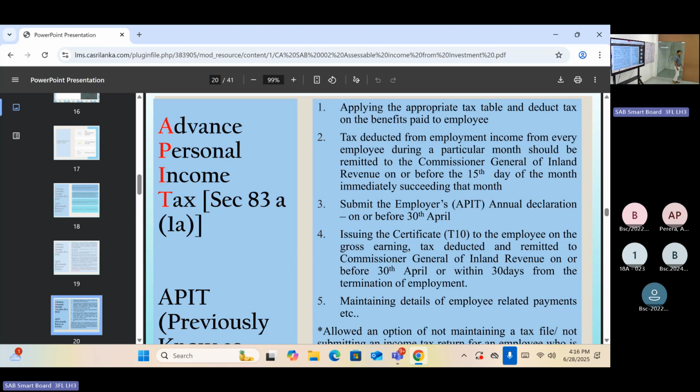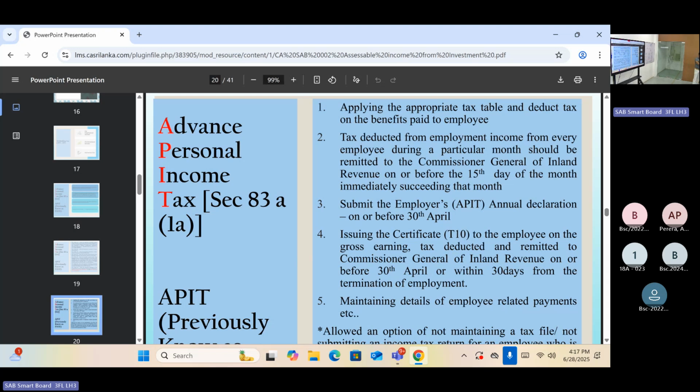He has declared it. For the employee side, he has to work out his tax liability. Consider the employment income. As we discussed, there are only four sources of income: employment, business, investment, or other source. As we work out the tax, we can get the tax credit the employer deducted using the T10 certificate. Right?